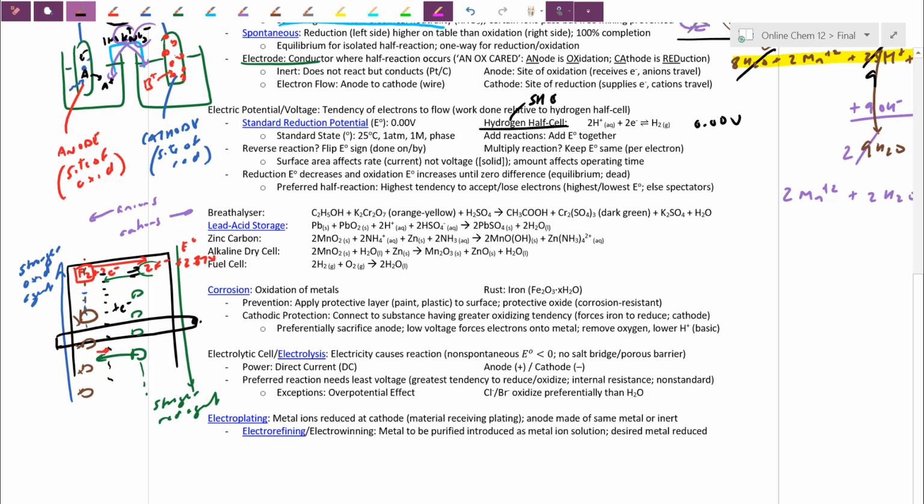So if this one were 0 volts, what does it mean if the fluorine has positive 2.87? It means it's actually 2.87 better than H plus. Then what if I get lower than it? What if I go right down to the bottom here? I have Li plus and an electron coming forward becoming Li. Well, that one is quoted at a reduction potential of negative 3.04. It would be silly to use a battery that actually needs voltage.